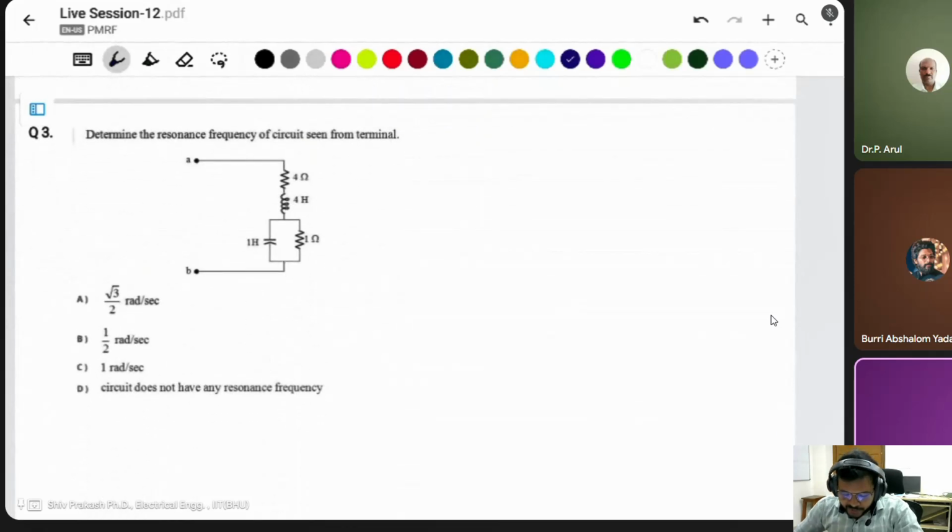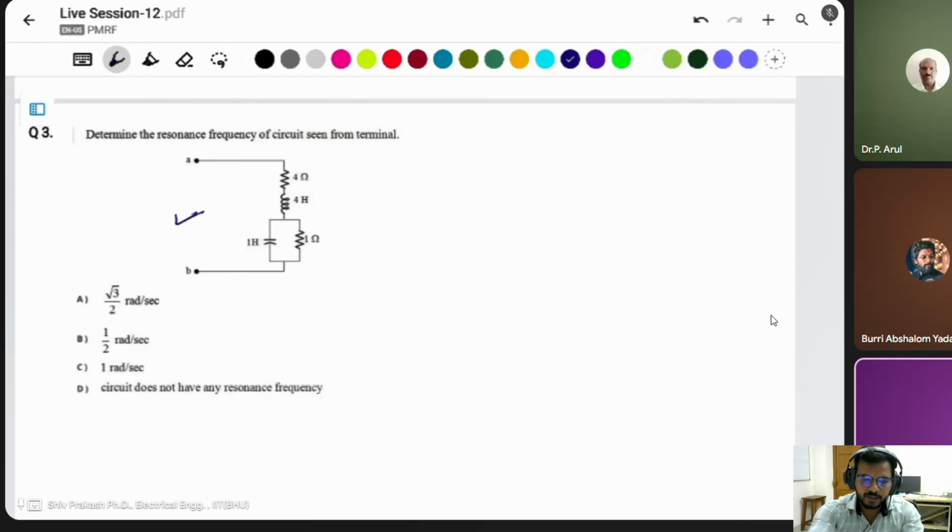Next one: determine the resonant frequency of the circuit seen from terminals A and B. You have to find the resonant frequency for this. It is a series RLC circuit, but the capacitor has a resistance in parallel with it. For the simple RLC circuit, you know the resonant frequency is 1 by 2 pi under root LC.